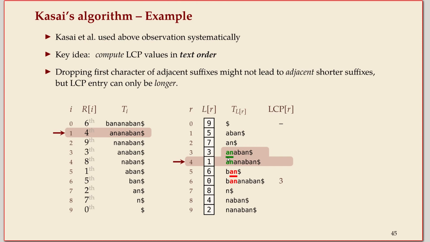So to make the long story short, we can induce from what we learned for the previous entry we computed that those two characters must be the same and we don't have to compare them. They were the same between this suffix, and so they must be the same for all the suffixes in between.